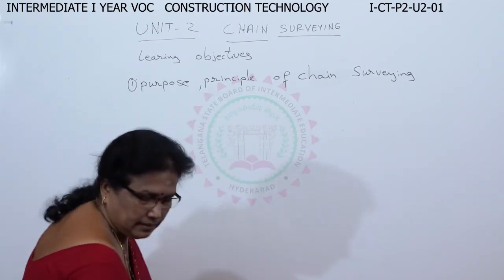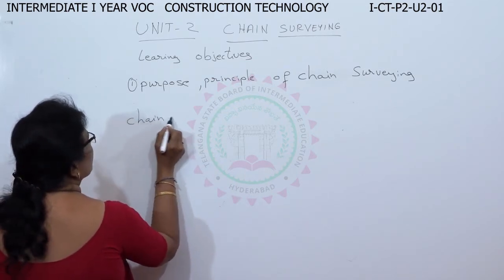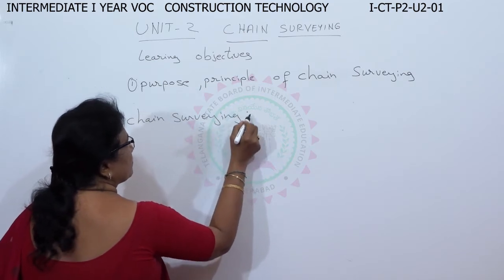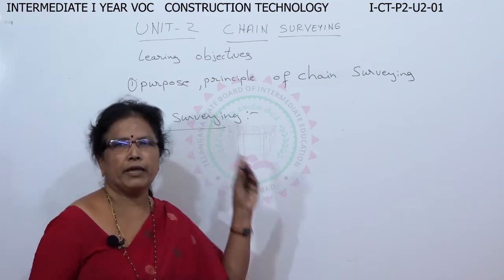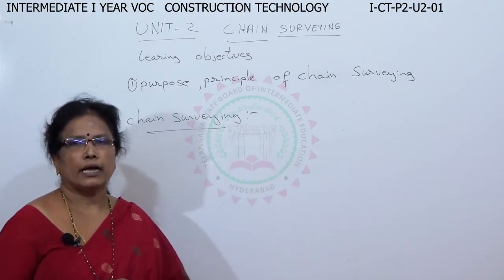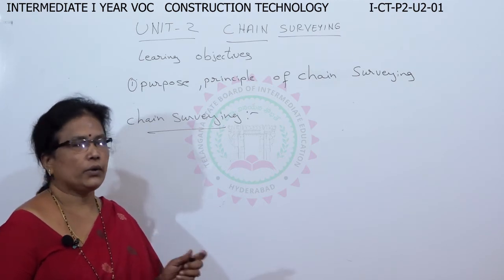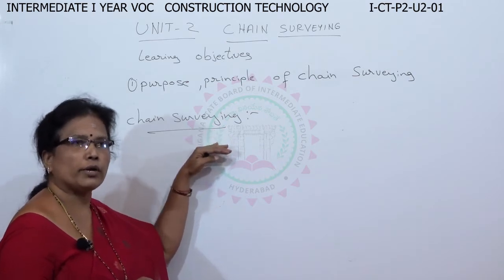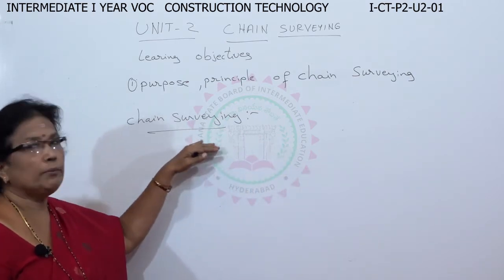Now, first, chain survey. This is the very simplest kind of survey and it is also accurate. It is simple to do the plotting, to do the calculations and to do the survey also. It is a very simple method.